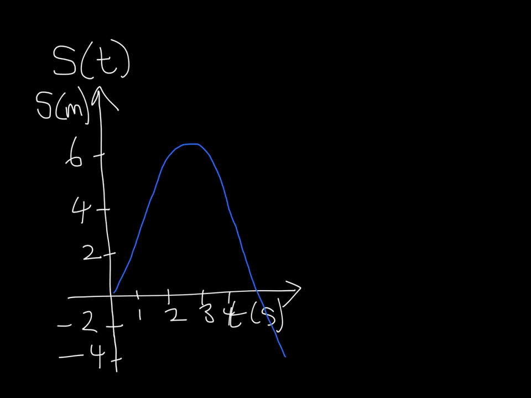And the motion of the ball can be described by looking at the graph. The ball starts at the origin and starts to move in the positive s direction. It moves upwards and it reaches a maximum height of about 6 meters.